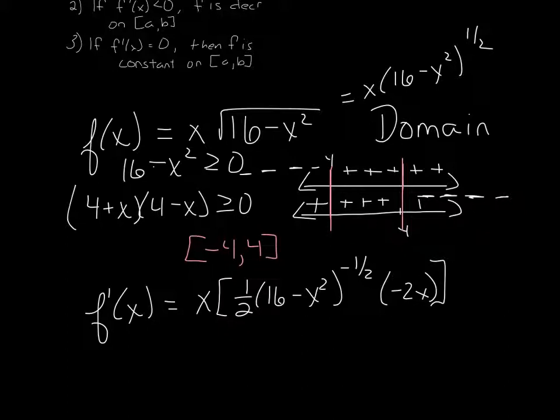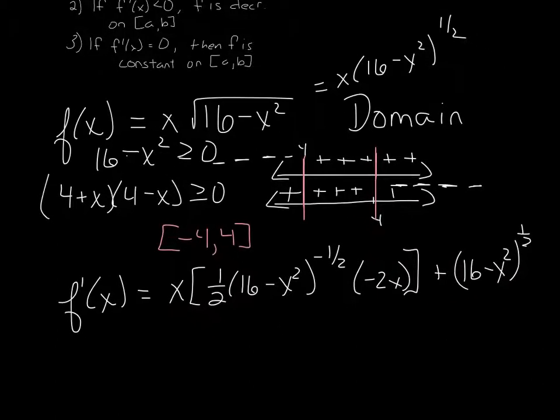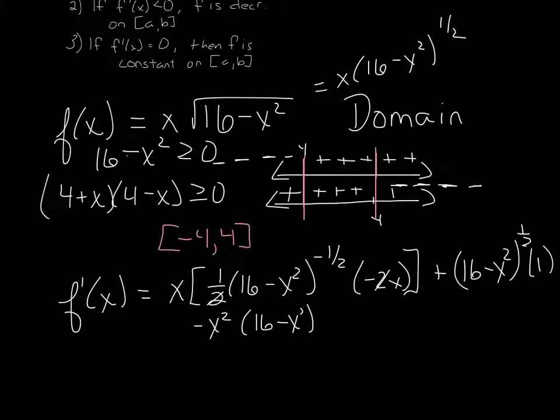Plus the second term times the derivative of the first, which is just 1. I can simplify a little bit. 1/2 and 2 cancel. So we have -x squared times 16 minus x squared to the -1/2.